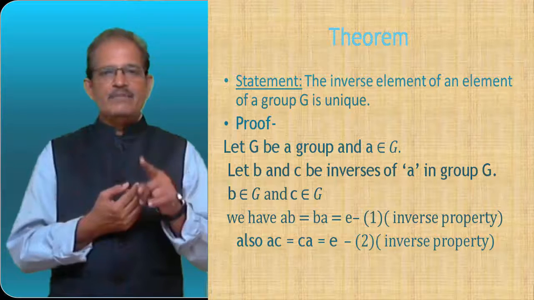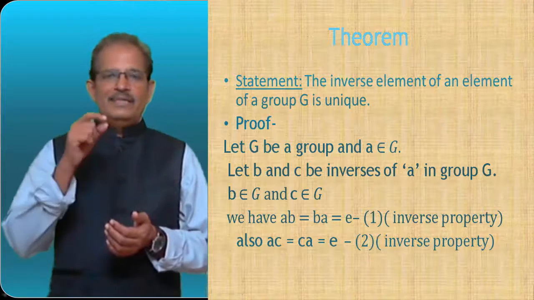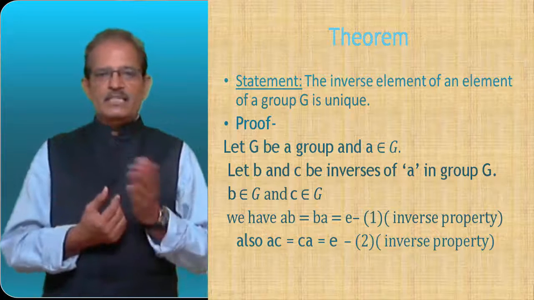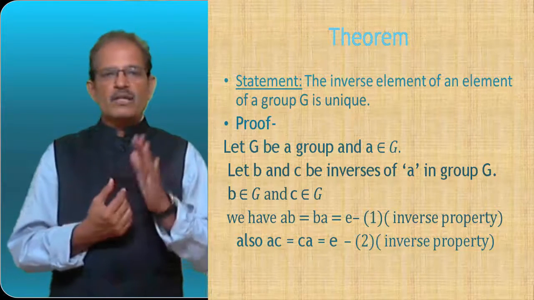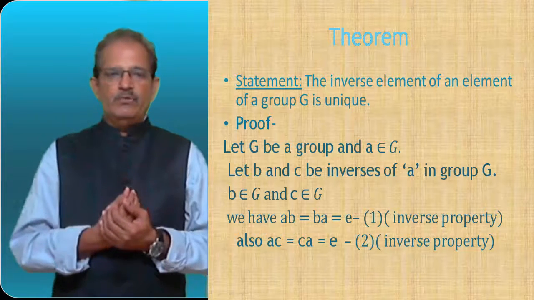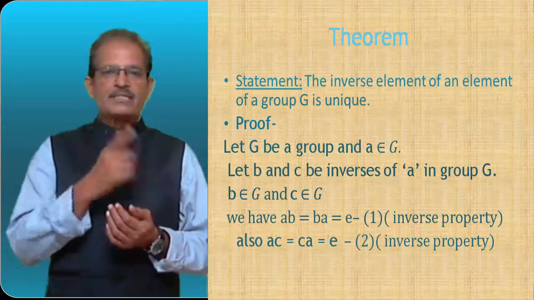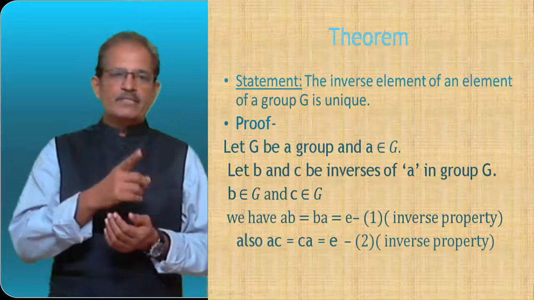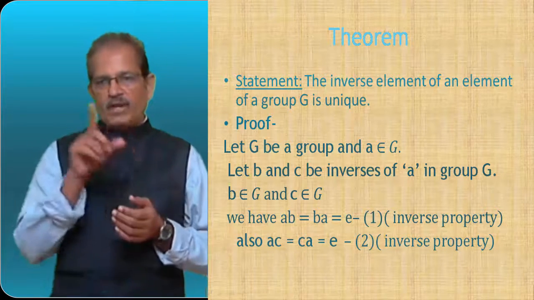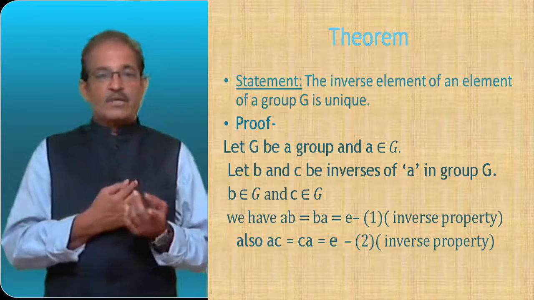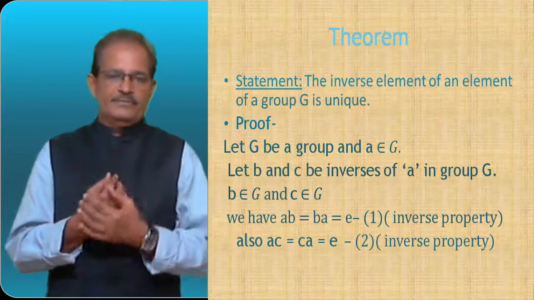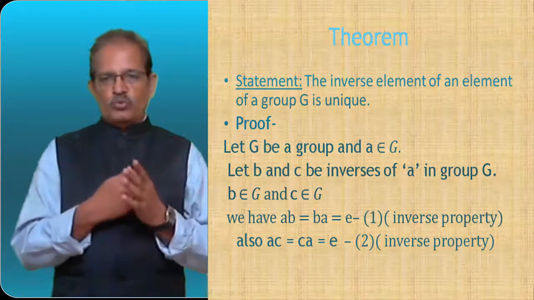Let B and C be inverses of A in group G. B is an element of G, C is also an element of G. Both are inverses for A. According to inverse property, we have B is the inverse of A. Therefore, AB is equal to BA is equal to E, identity element of the group, equation 1. Because C is also the inverse, AC is equal to CA is equal to E. So this is equation number 2.